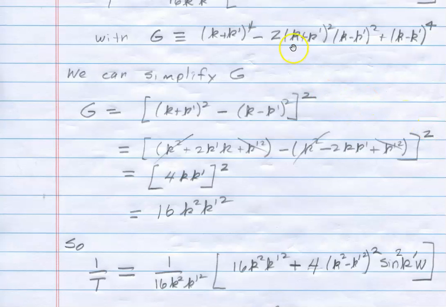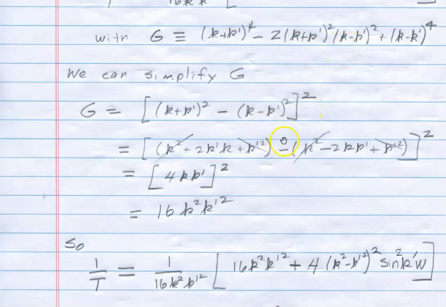I notice that this one, k prime times k minus k prime, is going to be k squared minus k prime squared. But I've got two of those, and so I can square each of these, and so I can write both of them as that difference in k squared and k prime squared. And since I've got two of them, they multiply together. So that's the reduction of this product here.